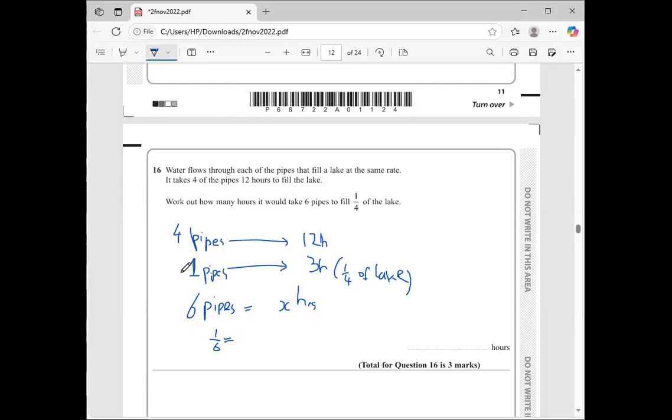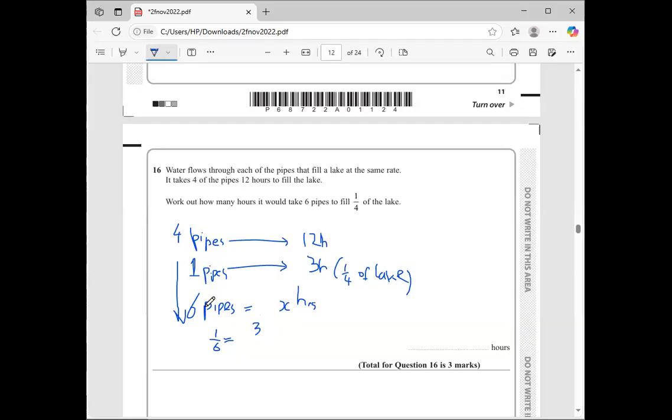Now, how did I get the 1/6? These are the guys I'm dealing with. 1/6 equal to, now instead of me saying this over this, oh no, hold on.